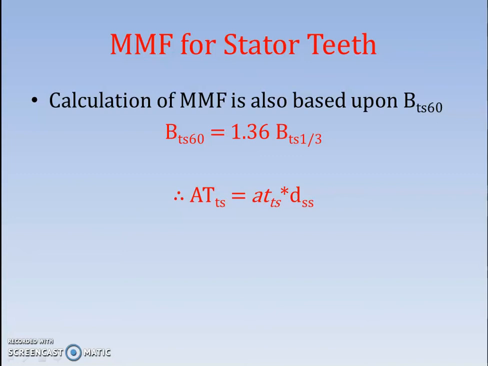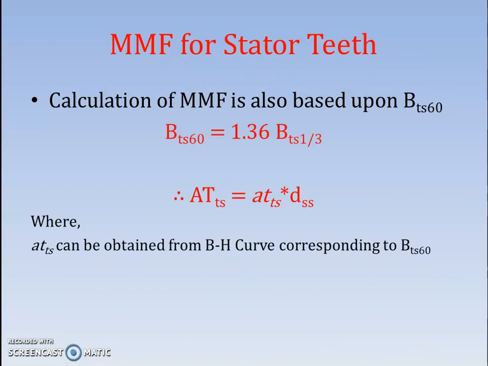From the BH curve, we can easily calculate ampere turns per meter, that is small at ts, and multiplied by length. In our case, it is depth of the stator slot. So from this equation, we can easily calculate magnetomotive force for the stator teeth, where AT, that is stator teeth AT, can be obtained from BH curve corresponding to flux density of stator teeth at 60 degree.